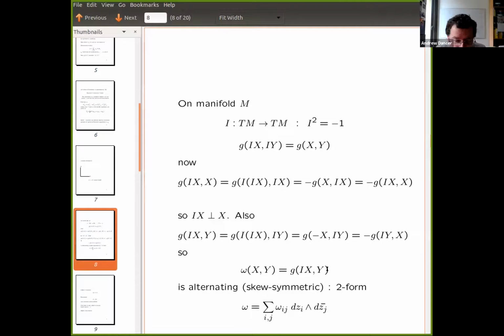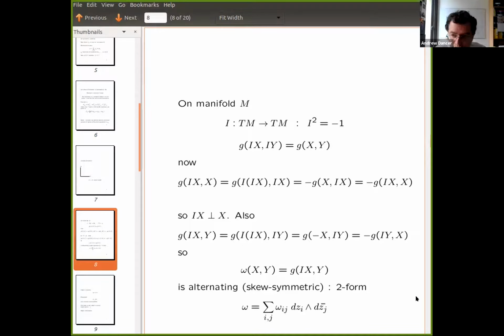Omega(x, y) is minus omega(y, x). Of course that kind of tensor has a special significance, an alternating or skew-symmetric tensor: that is a differential form. So we have a differential two-form omega, written in local coordinates like that, associated to the metric and the complex structure, provided they're compatible in the sense on this slide, provided they form a Hermitian structure.